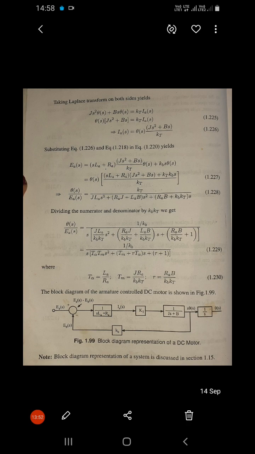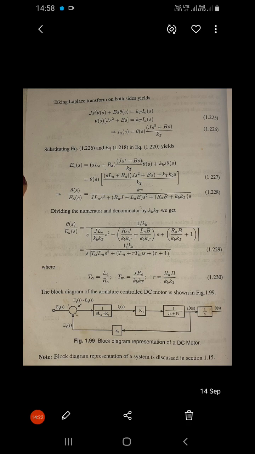From this equation we can write θ(S)/Ea(S) = 1 by Kb divided by S into [Tα Tm S² + (Tm + R Tα) S + R + 1].